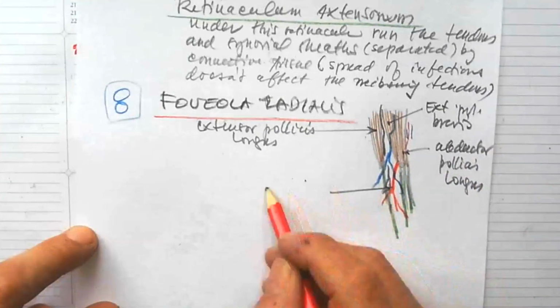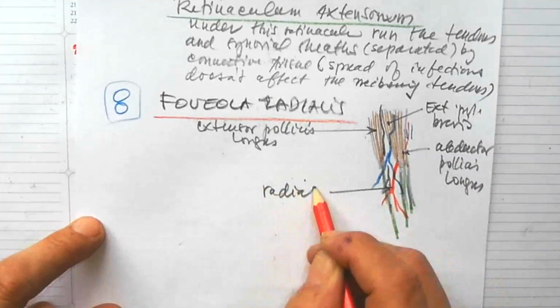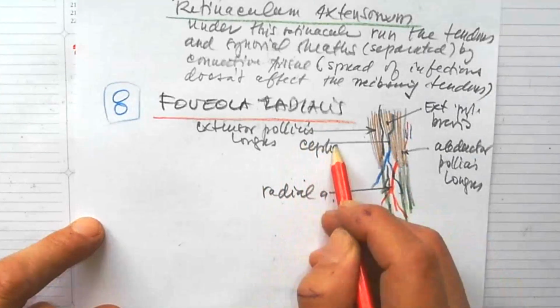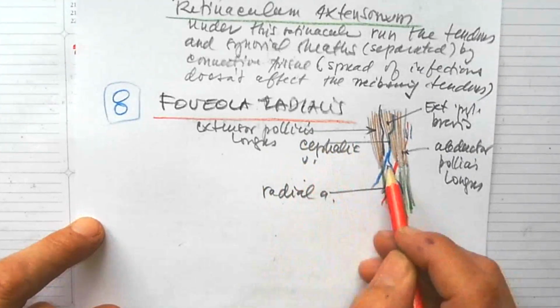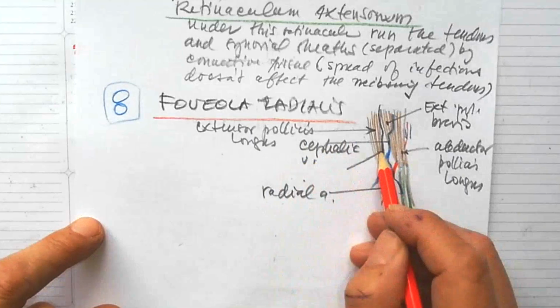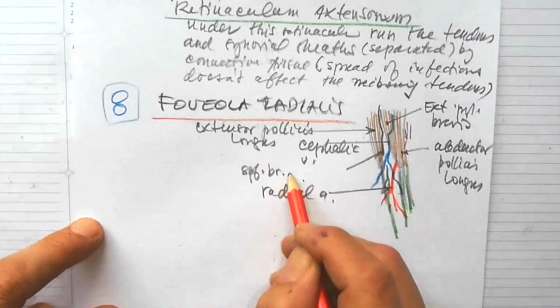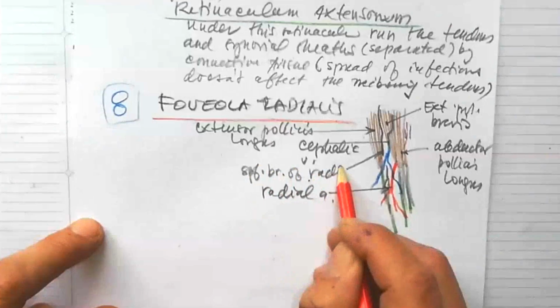And what we see is the radial artery, cephalic vein, and finally the superficial branch of the radial nerve.